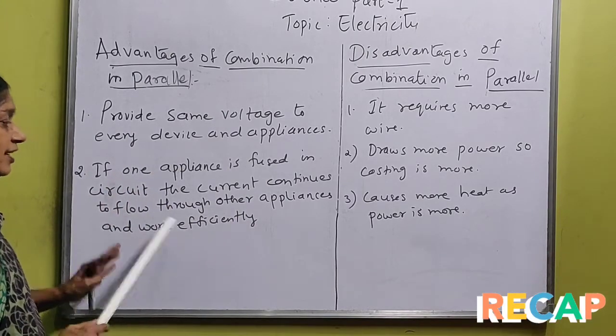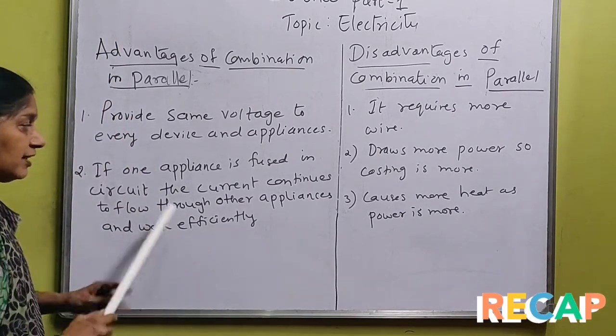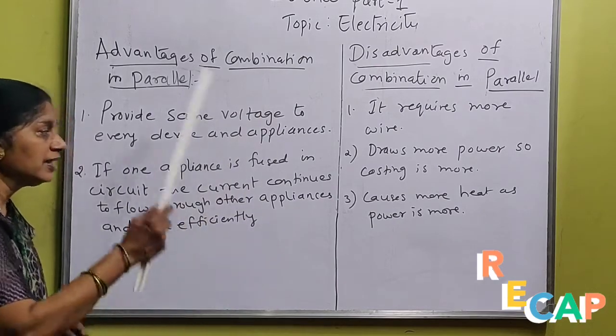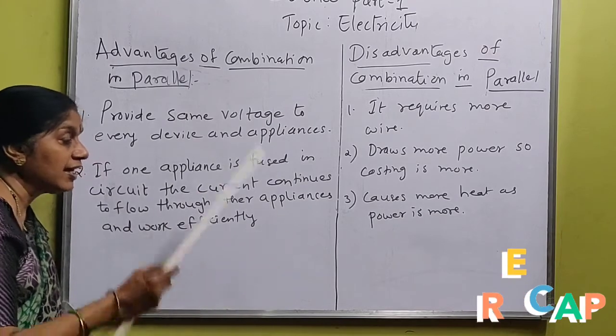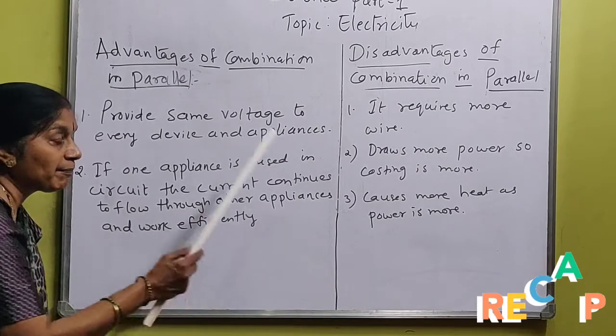It doesn't mean that the whole circuit will be open, but the current will keep flowing through the other appliances, because in parallel the path of the current is different for each device and each appliance.